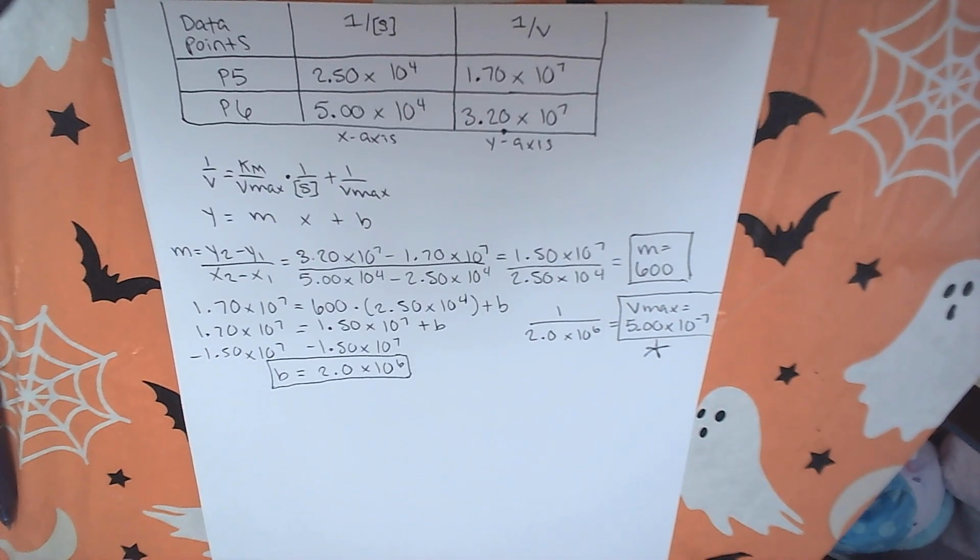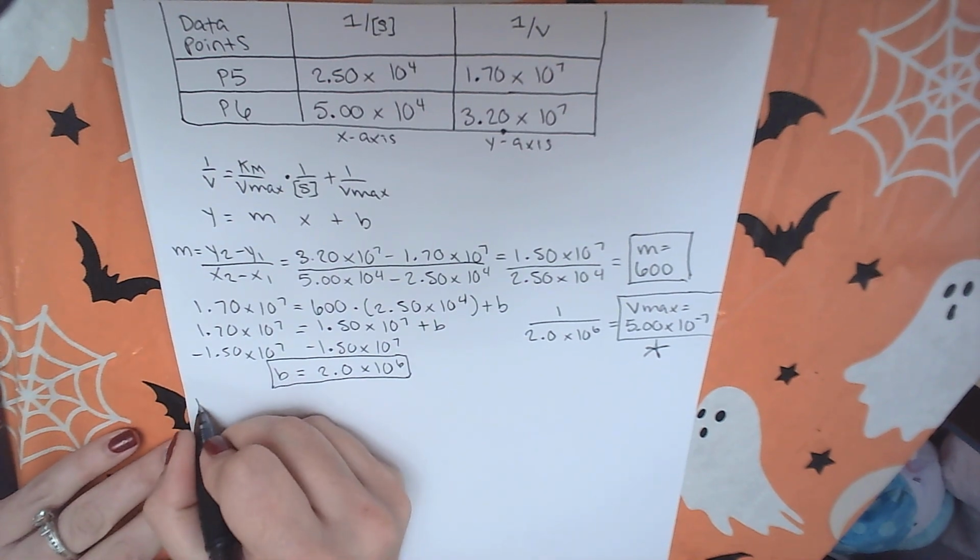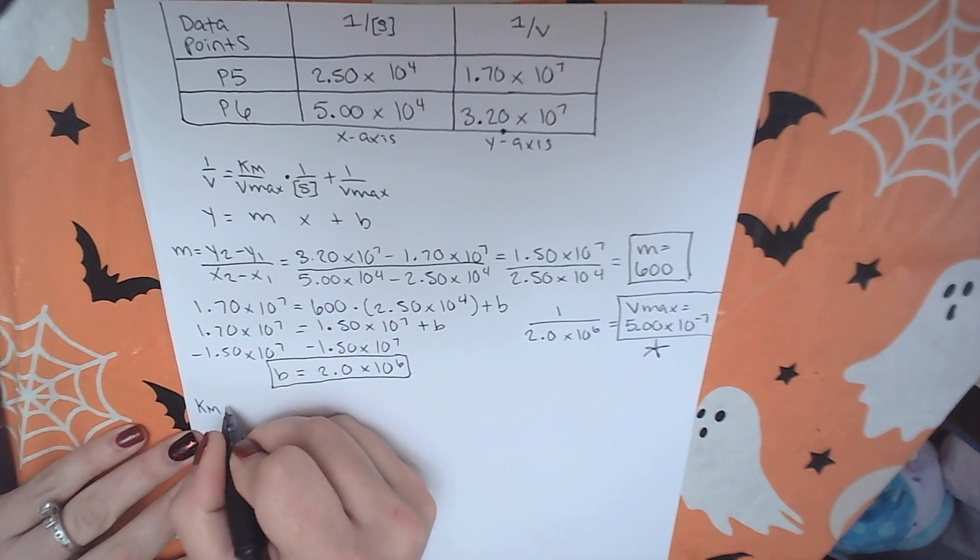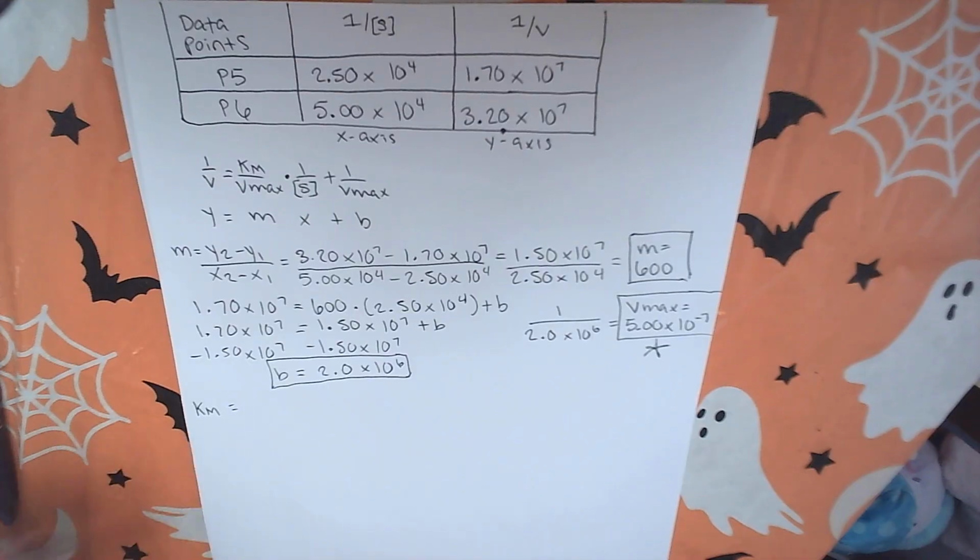All right, then we can solve for Km. Okay, so we know that the slope equals Km over Vmax. So if you want to find Km, we just take the slope times Vmax.